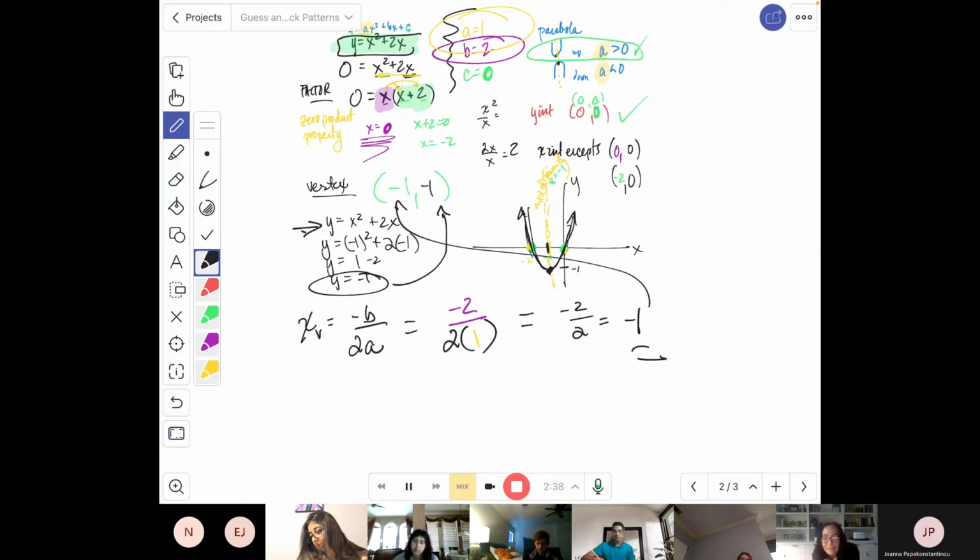So if you can't see it on the graph, this is how you find the x value of the vertex if the equation is given in this standard form. And we have the graph. Are there any questions on this? Shall we try another one? Yes, of course we're going to try another one.